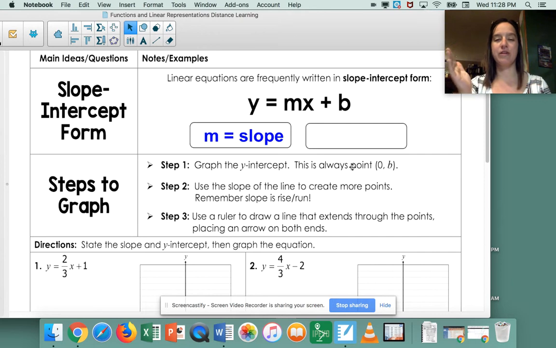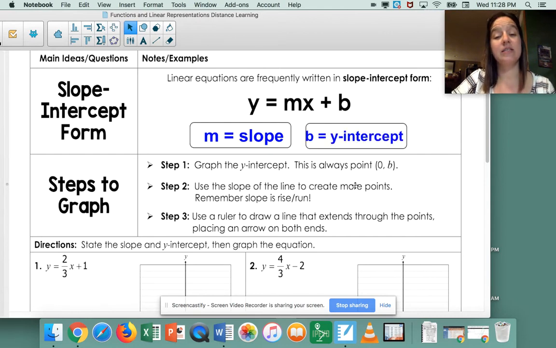It's backwards for you, sorry, the screen flips it. And B is my y-intercept. Whatever I have for B is where the line will cross the y-axis.